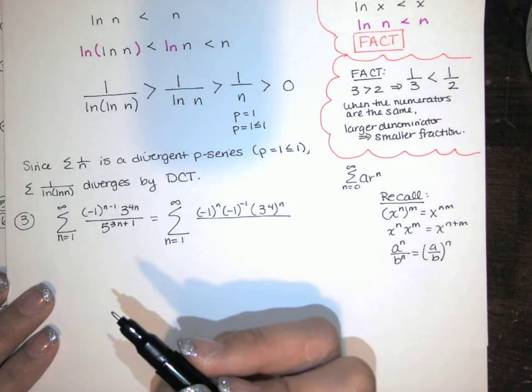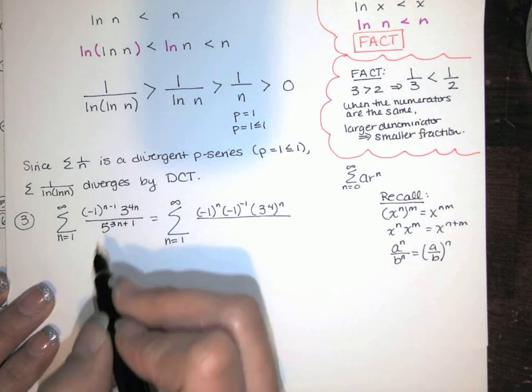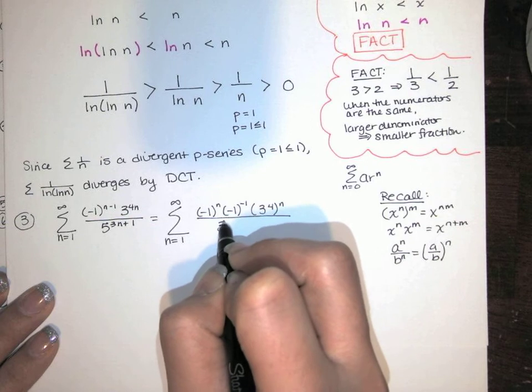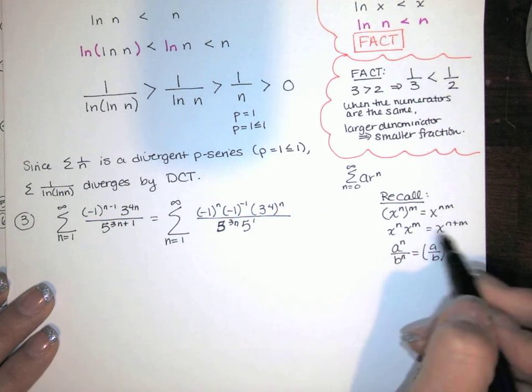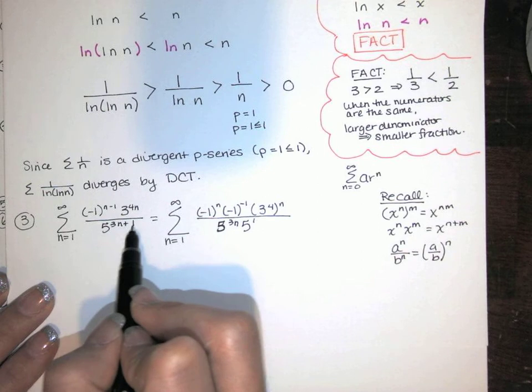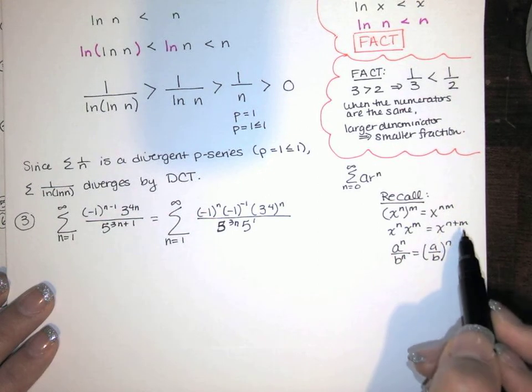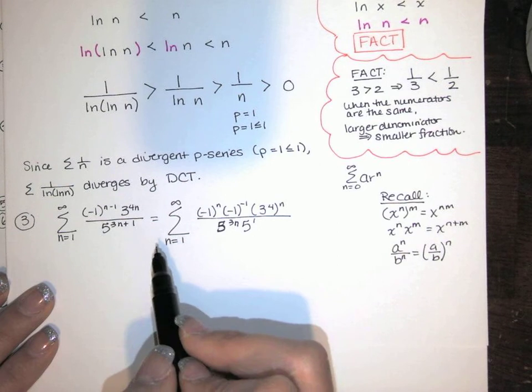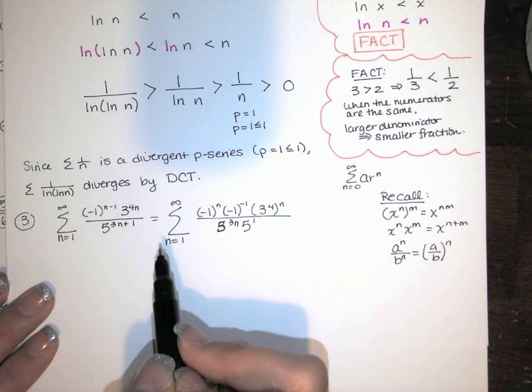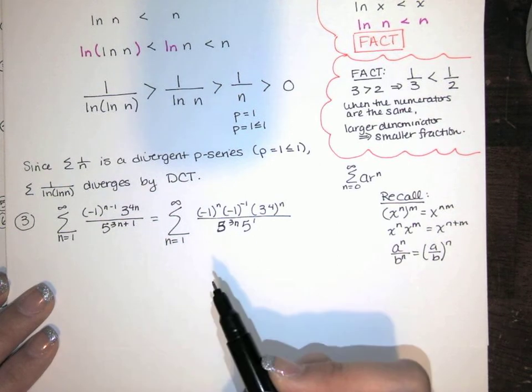Down here, this is going to be a 5 to the 3n times 5 to the 1st because of this rule. We're adding those exponents, so it's going to be x to this power times x to that power, and that's what I've written here.